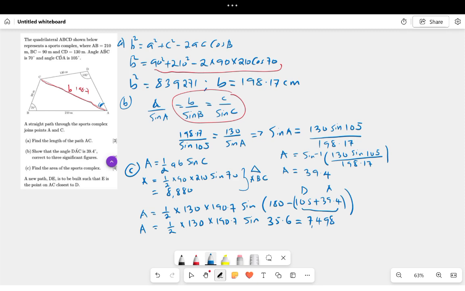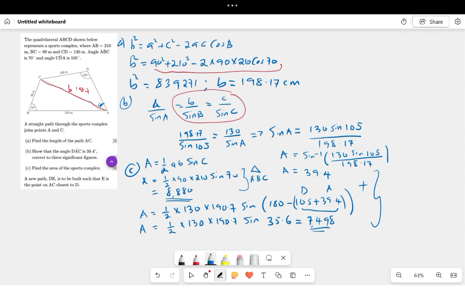All right. So we have this and we have this. So we are going to add both areas. Adding both, that is 8,880 plus 7,498.